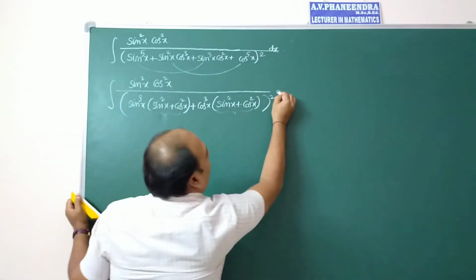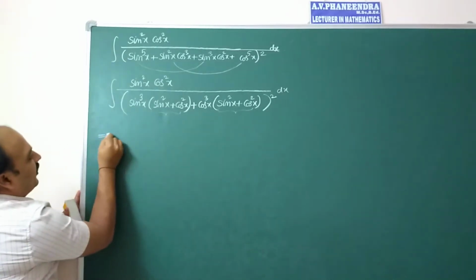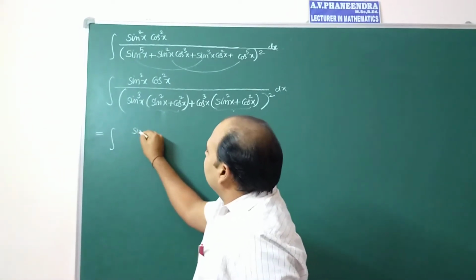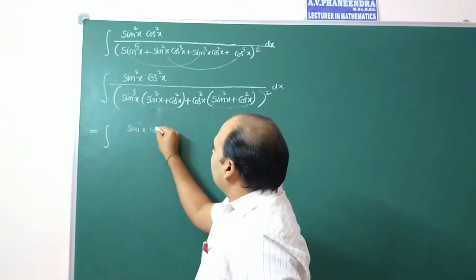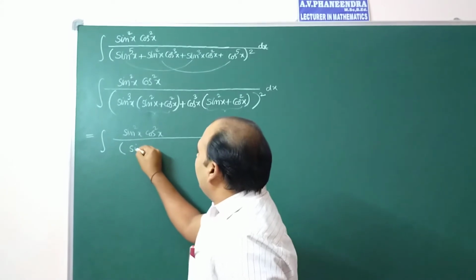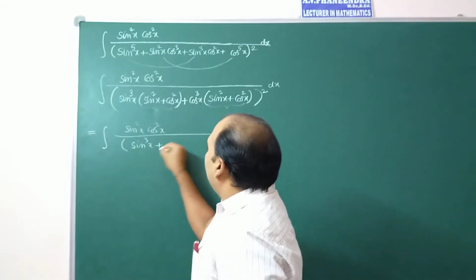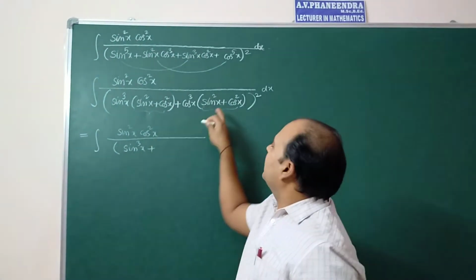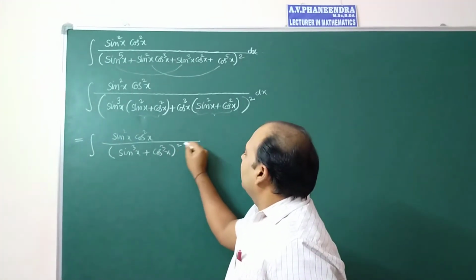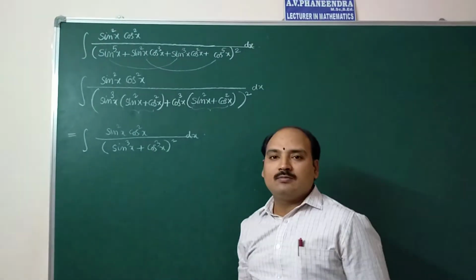Therefore, it becomes integral sin square x into cos square x divided by (sin cube x into 1, that is sin cube x, plus cos cube x into 1, that is cos cube x) whole square into dx.